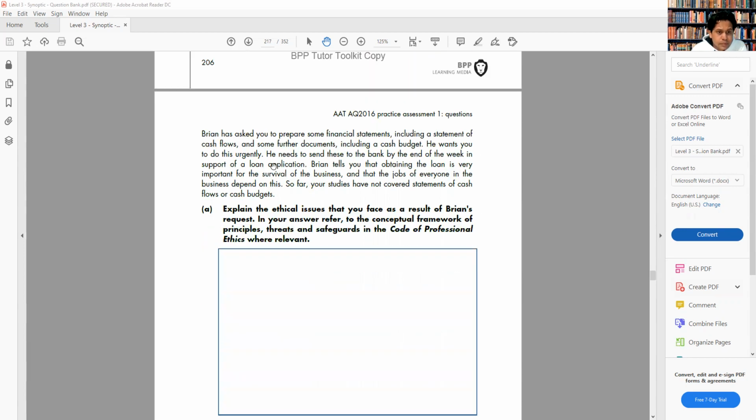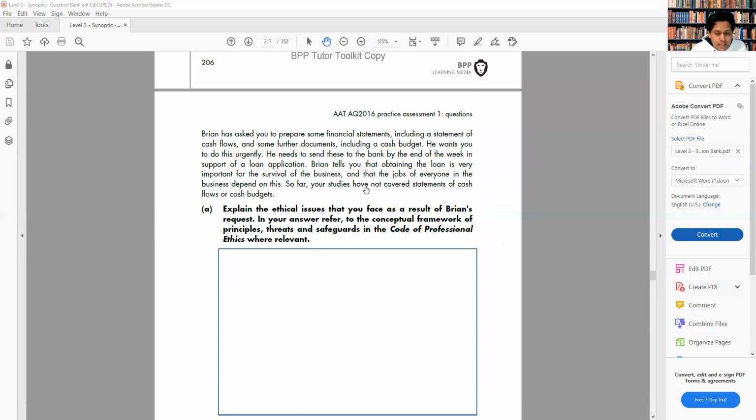We already know that. Brian asked you to prepare some financial statements, including a statement of cash flow and some further documents, including a cash budget. He wants you to do it urgently. He needs to send this to the bank by the end of this week in support of the loan application. Brian tells you that obtaining the loan is very important for the survival of the business and that the job of everyone in the business depends on this.